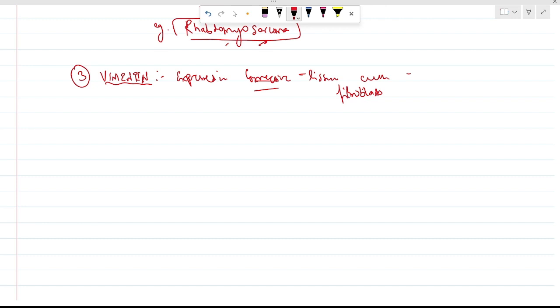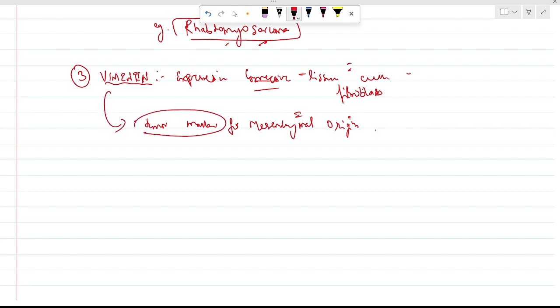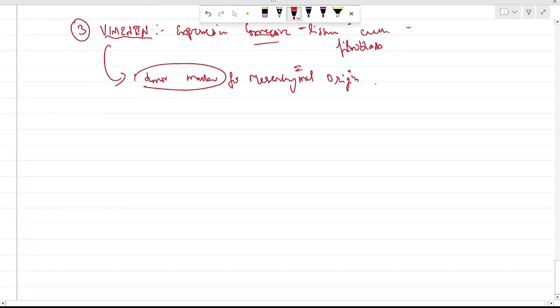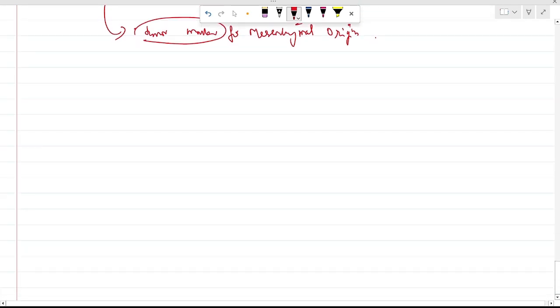Fibroblast is an example of connective tissue. In the cells of fibroblasts, vimentin is expressed. It's a tumor marker for tumors of mesenchymal origin.